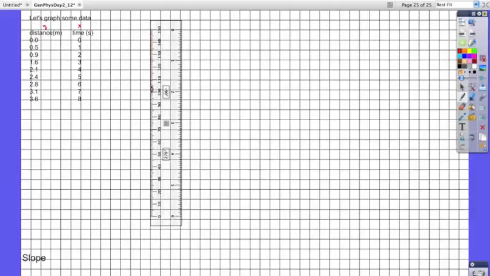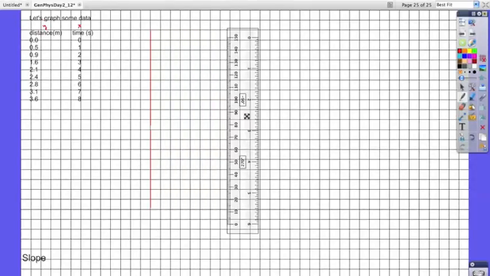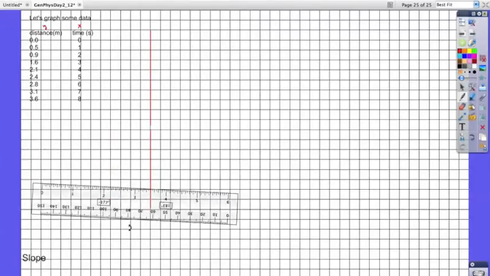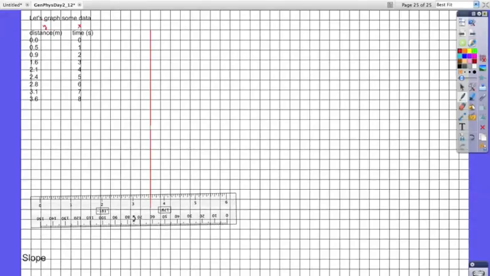I just ran out of space. Program's acting a little funny here. One second. See if that's good enough. Yeah, that's good. And then let me flip this around. Make it horizontal. And I'll draw my x-axis.